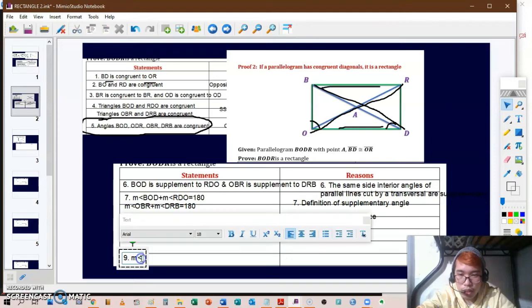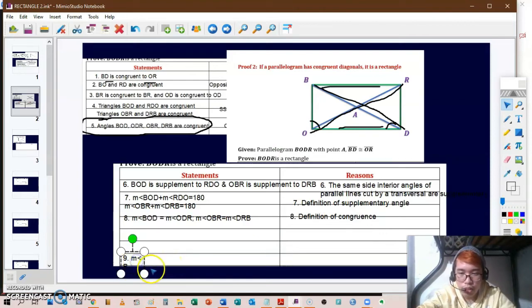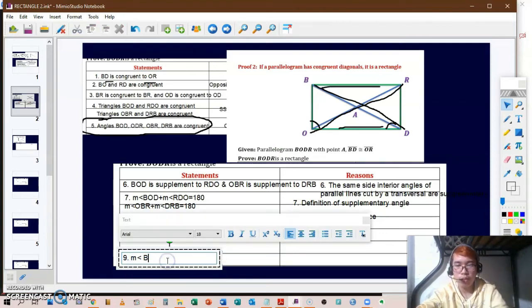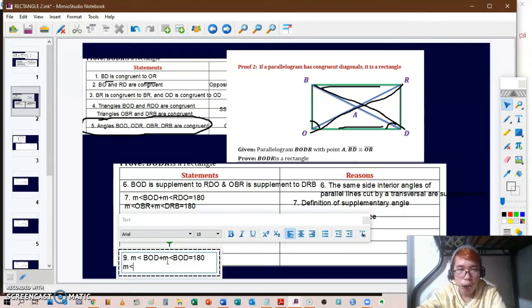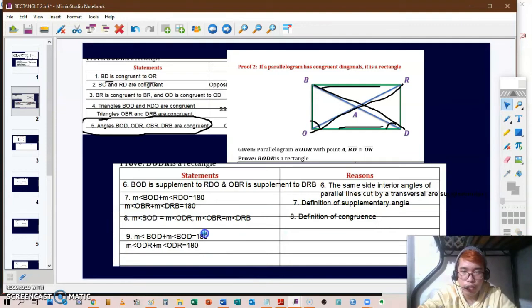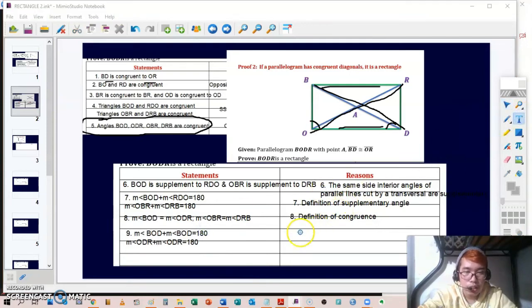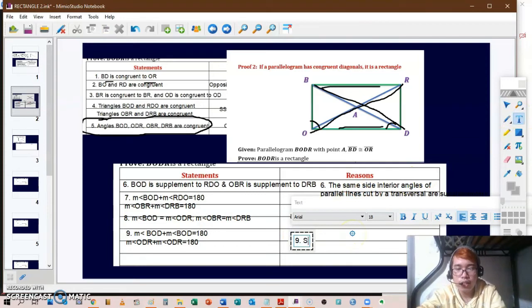So the measurement of angle BOD plus the measurement of itself, since we're using the substitution property of equality, is equal to 180 degrees, and the measurement of angle ODR plus the measurement of itself is also equal to 180 degrees. We can write that here for number 9, and the reason is the substitution property of equality.